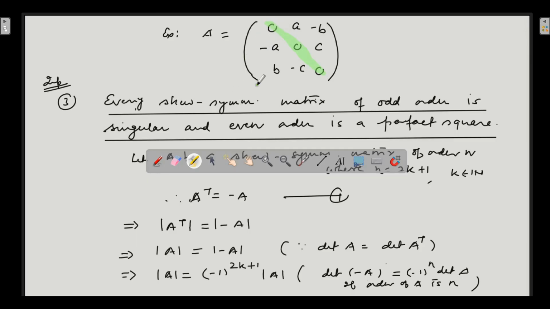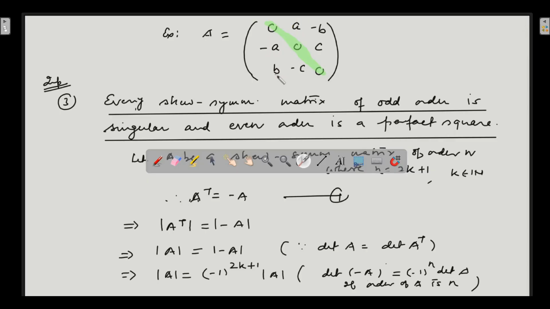Above the principal diagonal A, the corresponding element below the principal diagonal is minus A. Below the principal diagonal B, above the principal diagonal minus B; below the principal diagonal minus C, above the principal diagonal plus C; below the principal diagonal minus A, above the principal diagonal plus A.